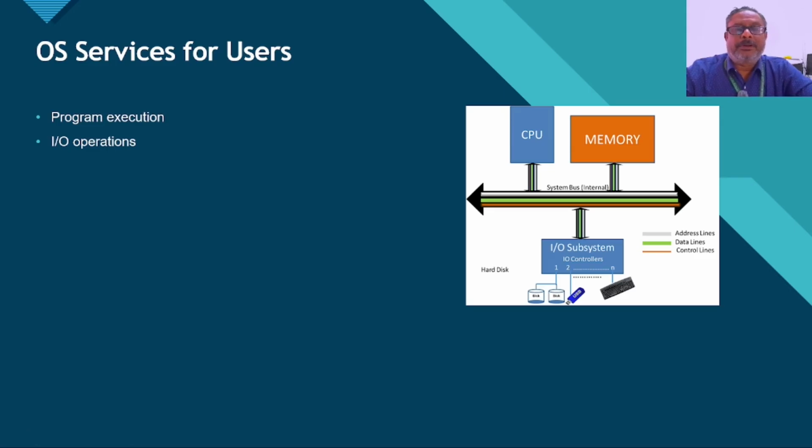Next important activity done by the operating system is the IO operations. As we discussed earlier, the whole system is interconnected through what we call a bus arrangement, because there is one processor, and one processor can at any time send or receive data from one of the IO devices, not more than one.